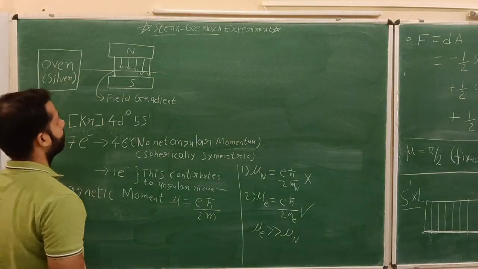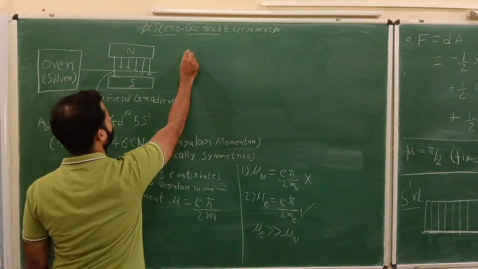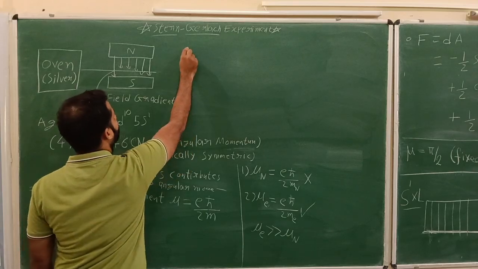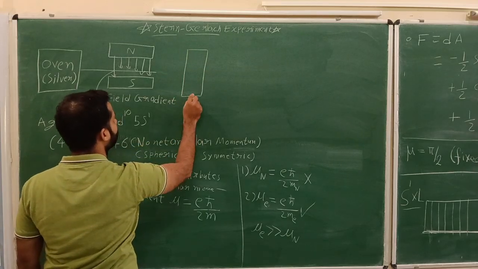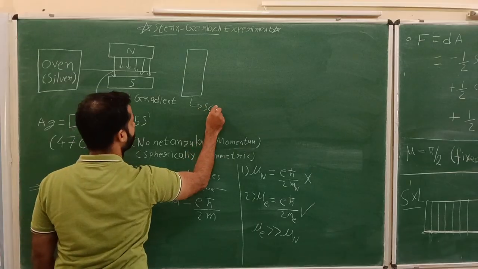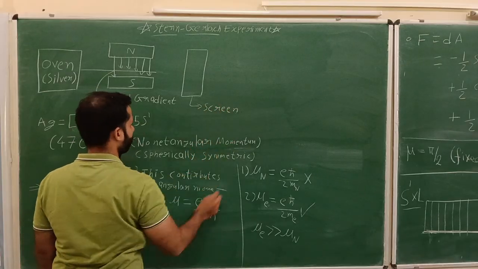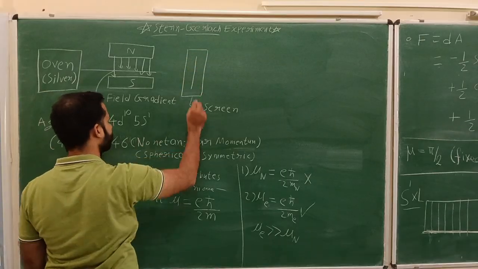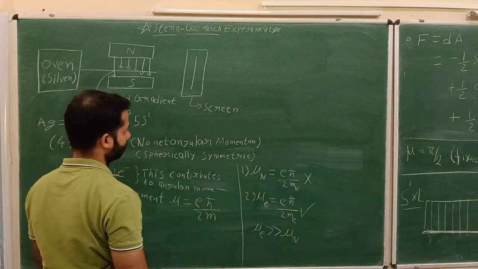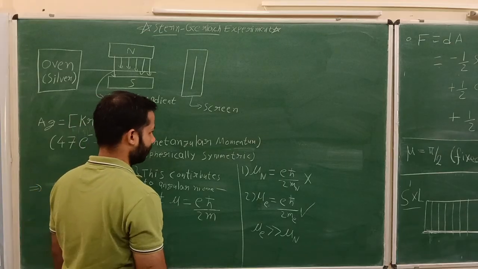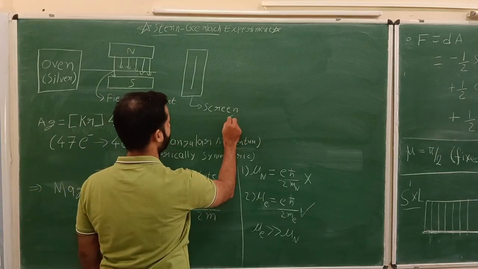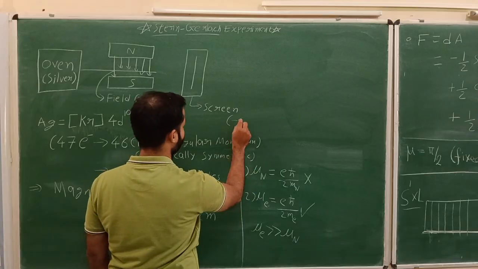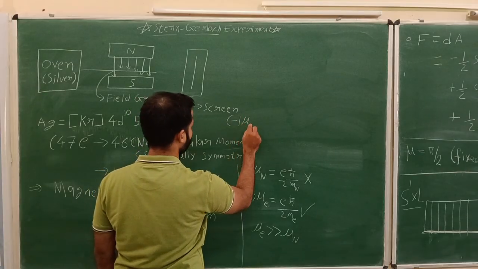So what they were expecting was this. A screen where they want to see these electrons, and what they were expecting was a straight line. Why a straight line? They were expecting that this will be all values of mu.